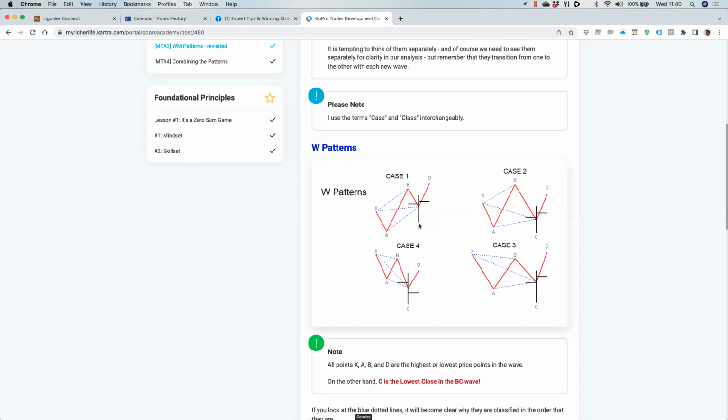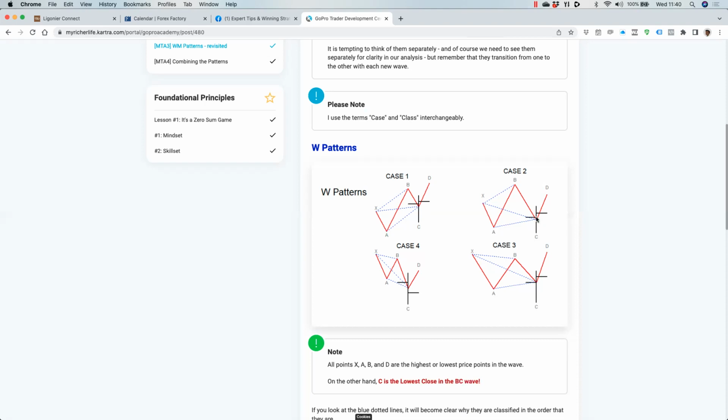That's irrelevant. It's C close. The lowest close between B and D needs to be above X in order to be class 1. But if it fails to do that and it's below X, but above A, it would then be a class 2.